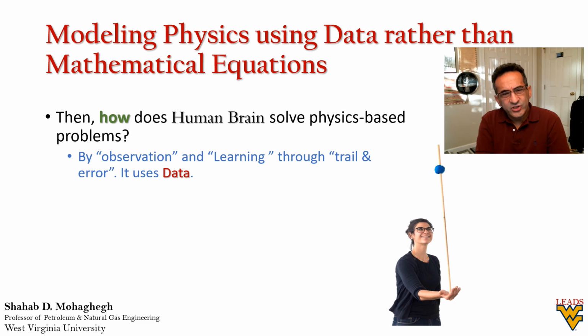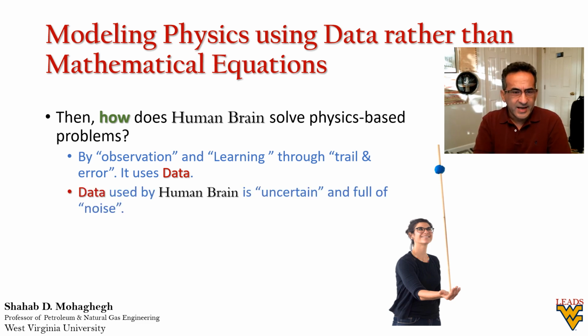So by observation, the way the human brain deals with physics-based problems and solves them is through observation and through learning and trial and error using the data they observe. Data that is used by the human brain is full of noise and it is uncertain. In other words, the data, the range, the speed is not very exact. We just say speed is fast, slow, average.